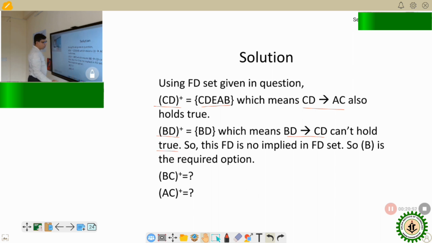So this FD is not implied by the FD set, and option B is the required option. We do not need to check the closure of the other two, because we have found this: BD equals BD, which means BD arrow C cannot hold true. So this FD is not implied in the FD set. So B is the required option.